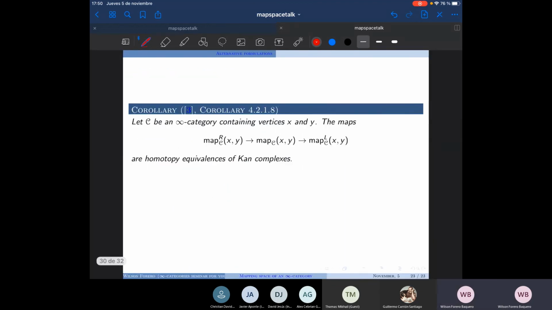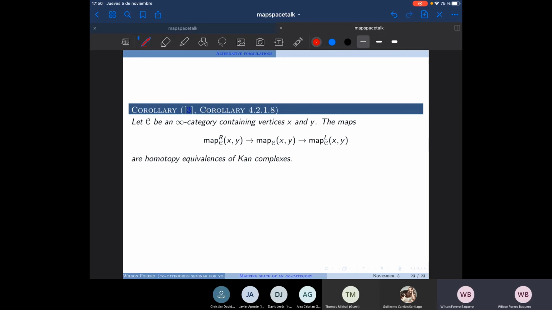Well, we have canonical inclusions between each of these possible models of the mapping space, and all the possible alternatives are homotopy equivalent Kan complexes. And for us that is enough, because working in infinity categories, the idea is that everything is homotopy equivalent.